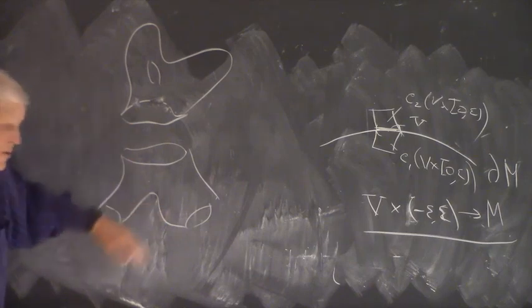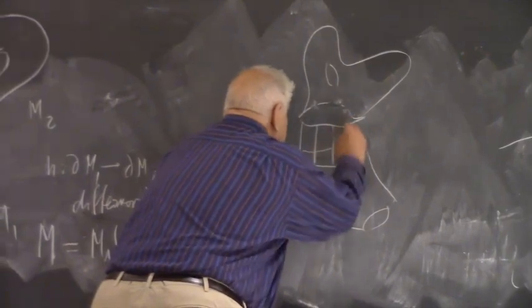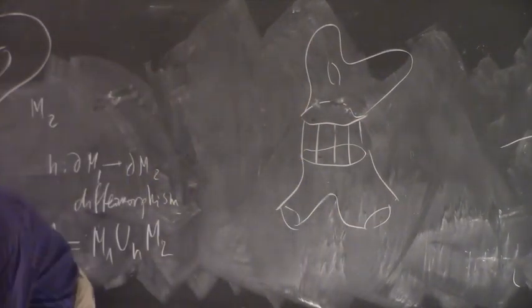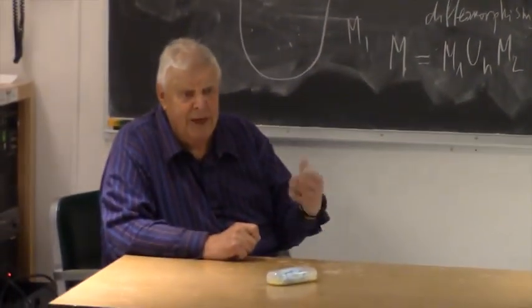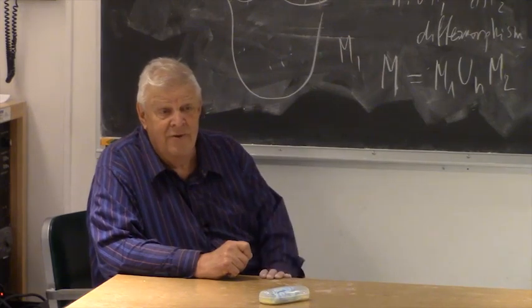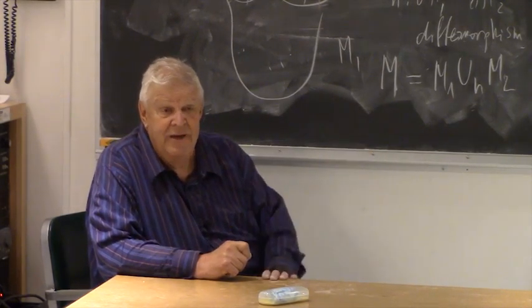The boundary of this is a union of three circles. And you have a diffeomorphism between these two, not involving this part. Then the same construction goes. And we get this attaching, and the resulting manifold will be again a manifold with boundary, whose boundary will be the union of components of boundaries of M1 and M2, not involved in this attaching.